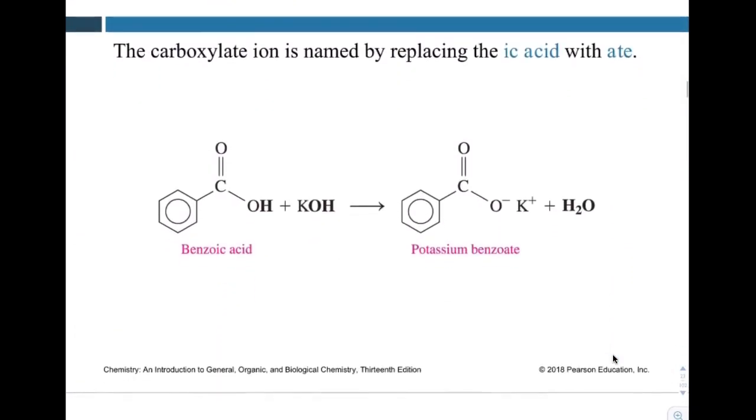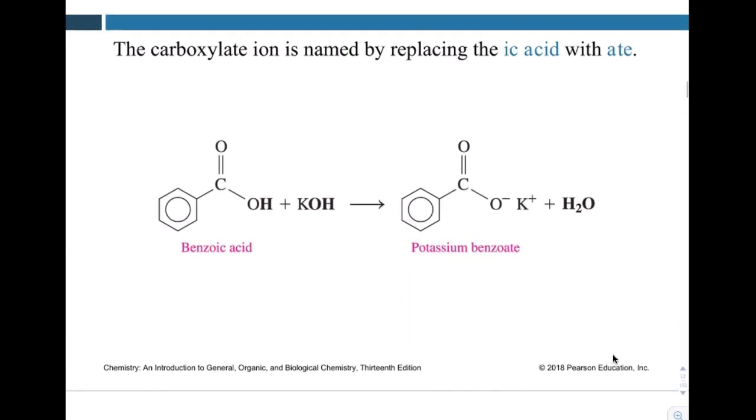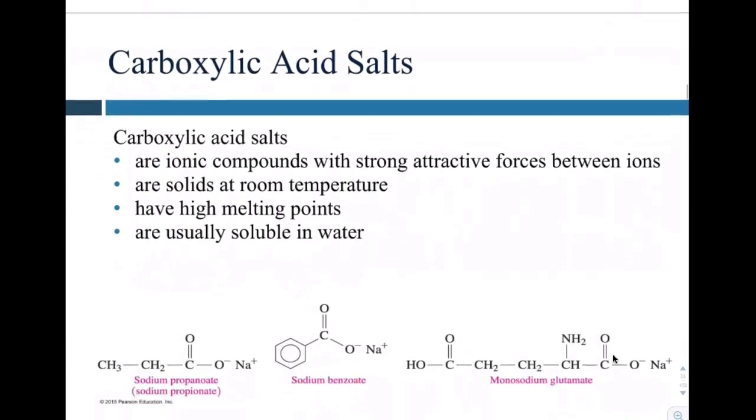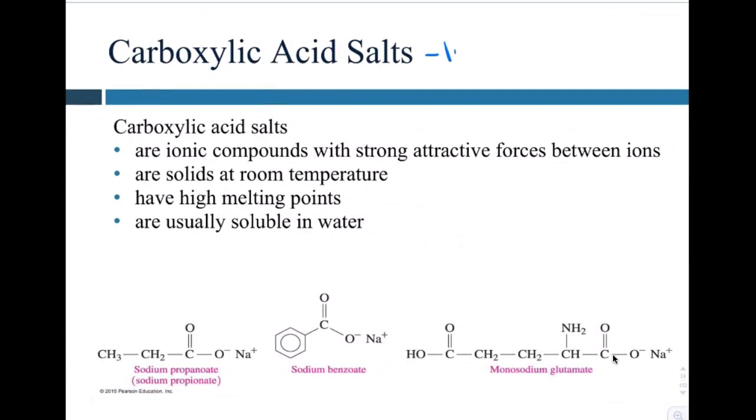And so to name here, you have your naming of the ion. We have benzoic acid turns into benzoate. You take the ic, turn it into ate, the opposite of the way we name inorganic acids. And so your carboxylic acid salts. Remember, salts are ionic compounds. And so now we're going to be having all of these properties of ionic compounds.